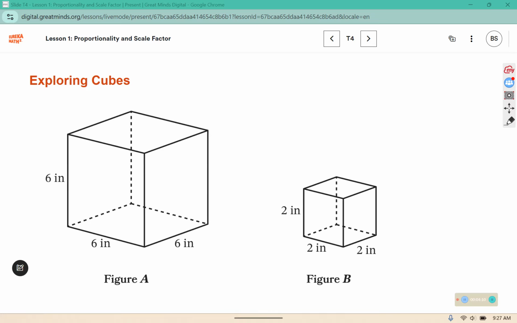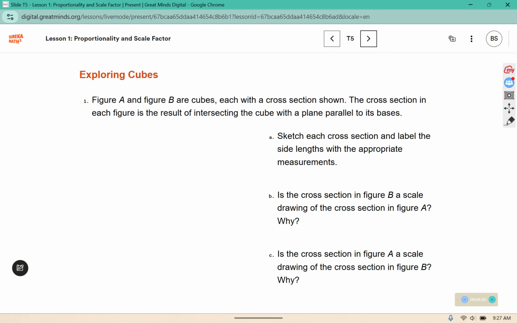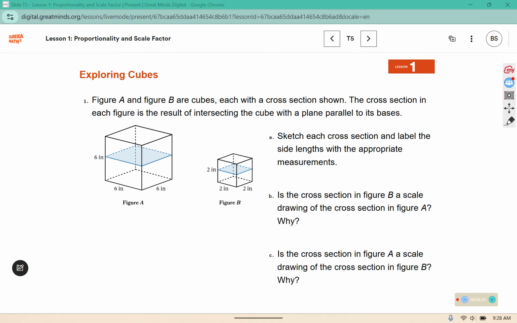If we made a slice or a cross-section that is parallel to the base, we would get a square. And we would also get a square from figure B if we created a slice that is parallel to the base. Like you see here in problem 1.